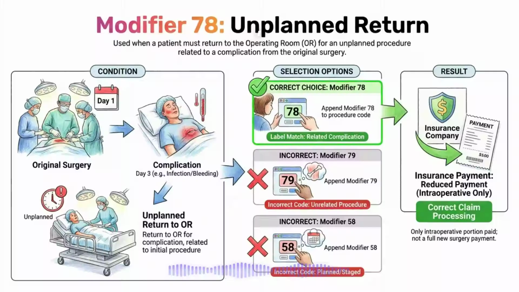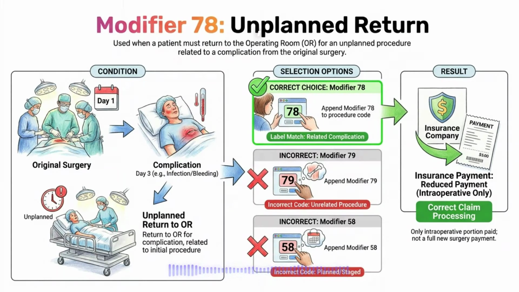Sometimes a patient experiences a complication from a surgery that requires them to go back into the operating room. If a patient returns to the operating room for an unplanned procedure related to a complication from the original surgery, you must append Modifier 78.